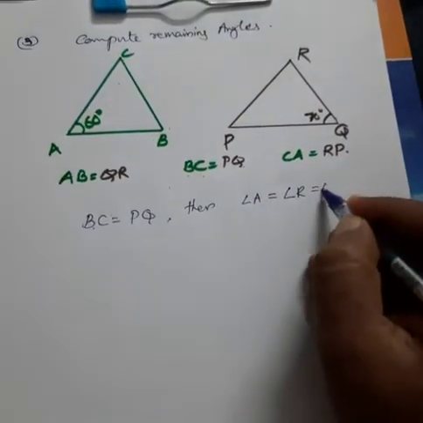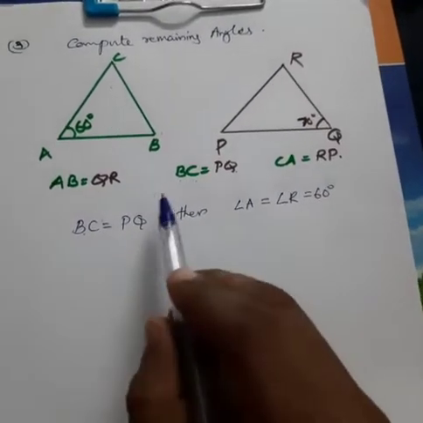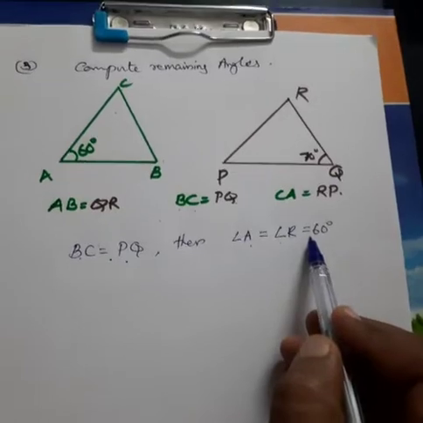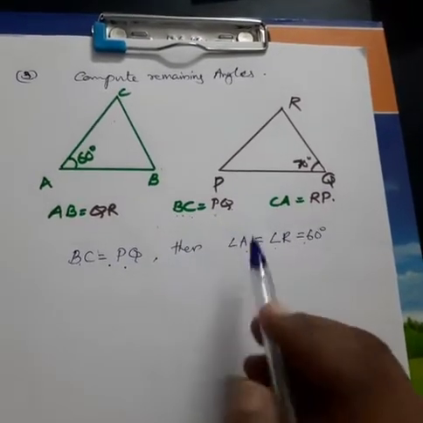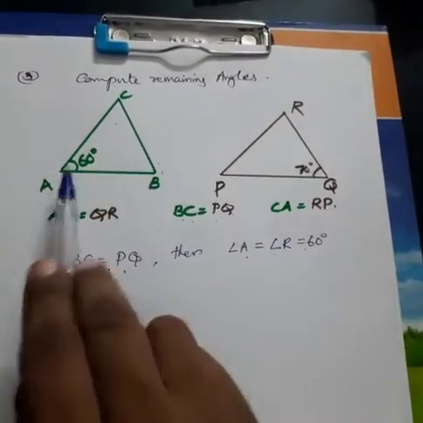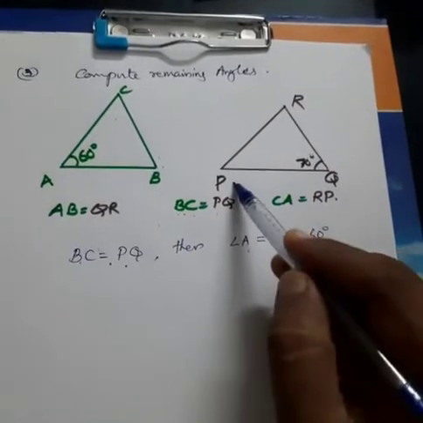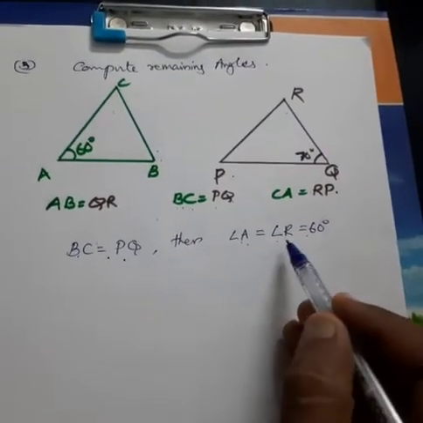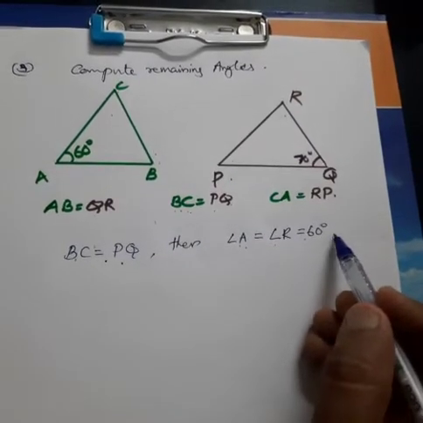It should be 60 degrees. So using this pair you have to find out the opposite angles. So BC is equal to PQ, then the opposite of BC is angle A and the opposite of PQ is angle R. So you got angle A is equal to angle R is equal to 60 degrees.